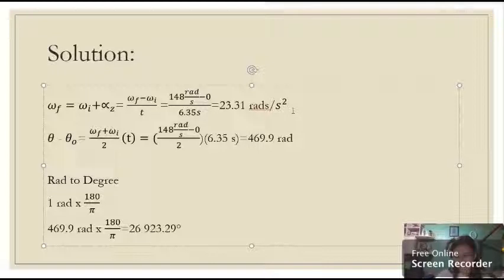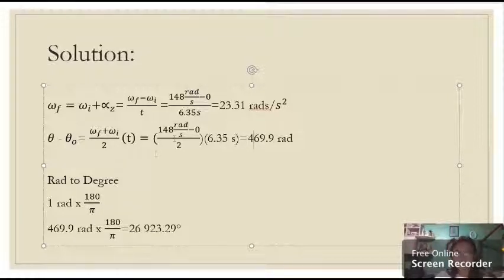So we found the angular acceleration, which is 23.31 rad per second squared. So we need to find the angle through which it has turned. So the formula that we need is this one: theta minus theta initial is equal to omega final plus omega initial divided by 2, multiplied by the time.